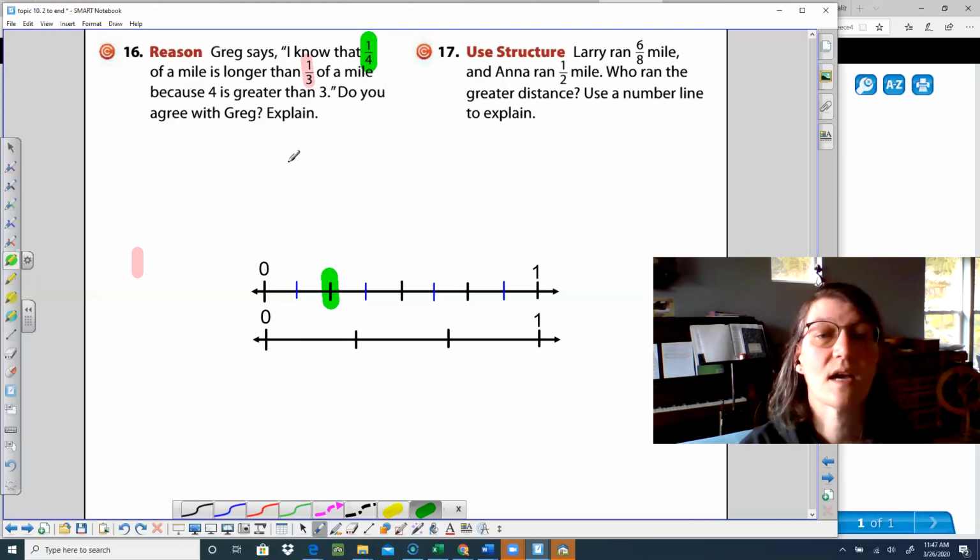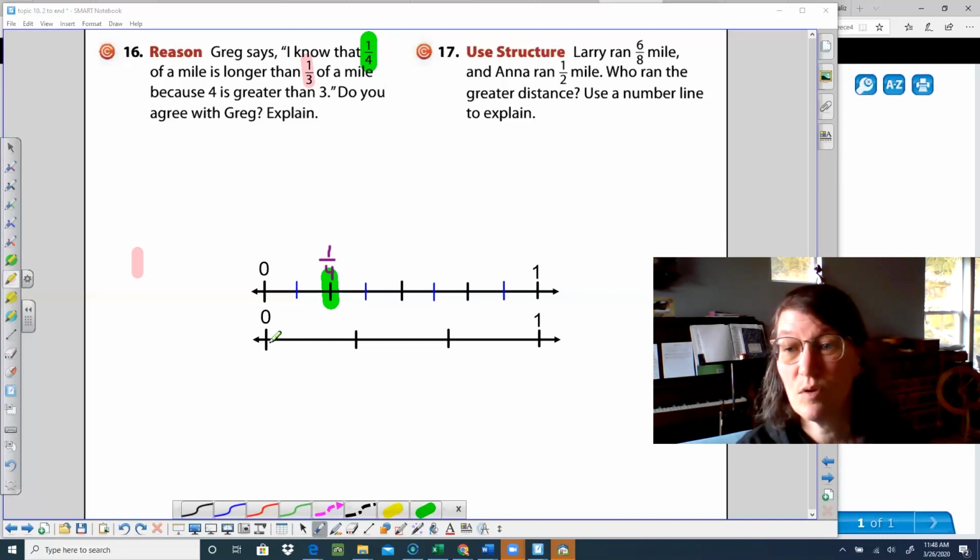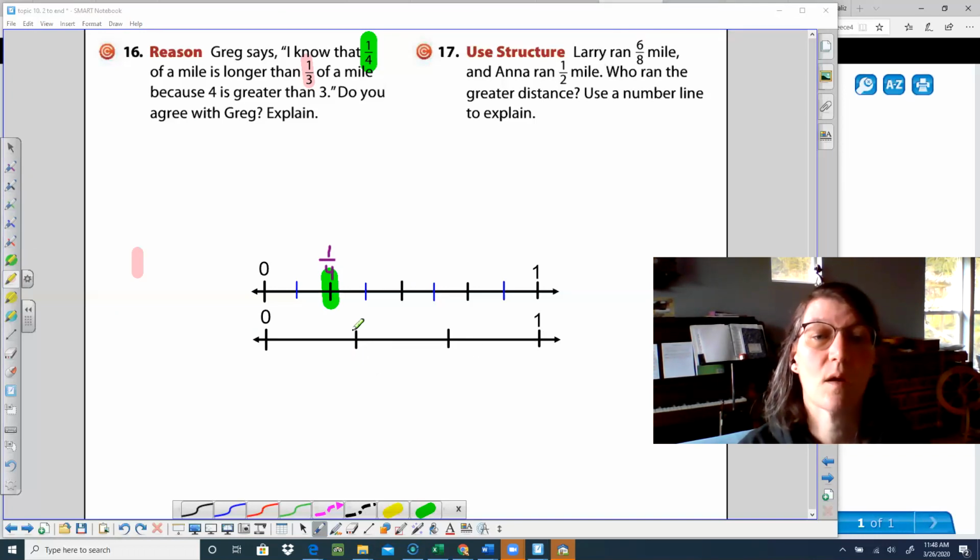So I'm going to label that guy 1/4 real quick. Okay, now I need to go find a 1/3. So this is the number line that I cut into thirds. 1, 2, 3. I want to mark it on my 1/3 spot and I want to label it 1/3.